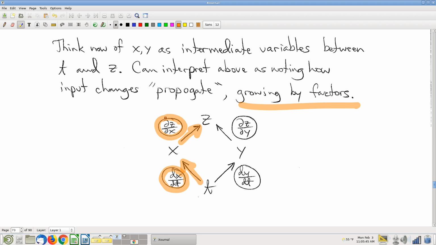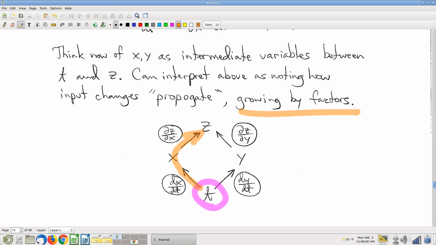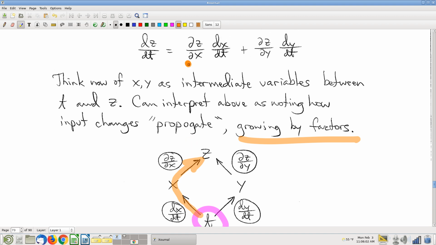That becomes the next factor, right? So when you change t a little bit, it gets magnified by dx dt, but then it afterwards also gets magnified by the partial of z with respect to x. And check it out. That's exactly this first term. So this first term represents how much of the derivative, how much of the magnification comes from propagation along that x variable.